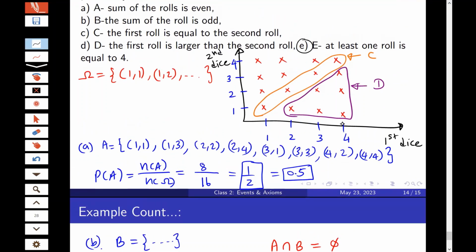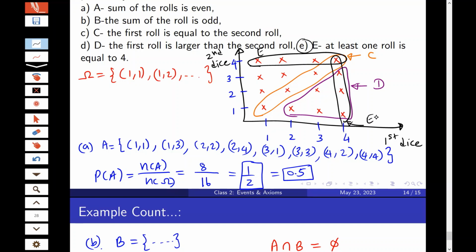So this is 4 and this is also 4. The first one can be 4, the second one can be 4, both can be 4. So these are the items in E.